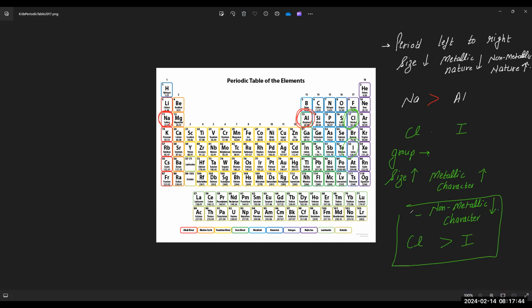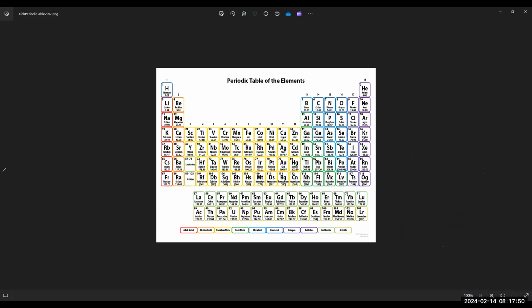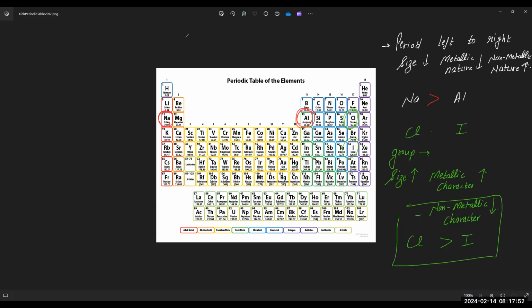Now I'm going to teach you the topic which we are doing as acids and bases. I hope you have written this, children. I'm going to discuss nature of oxides. Can I clear the whiteboard? Okay, good.